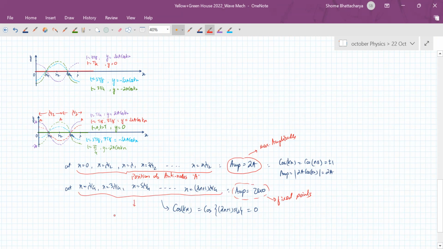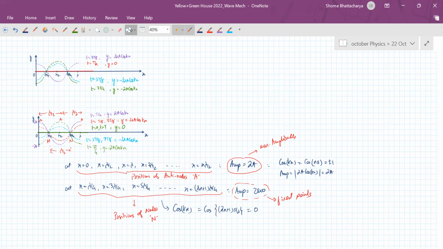Yes, these are positions of nodes. You can denote them with the symbol N. So in the diagram, you can see these positions are the nodes. So the distance between consecutive nodes is also lambda by 2. And the distance between one node and the next consecutive antinode is lambda by 4.